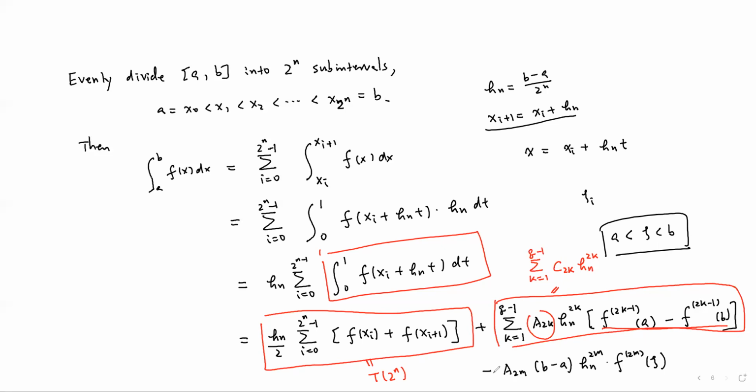How about this term? a is a constant, b minus a is a constant, so I can write it as a constant c_{2q} times h_n^{2q} times f^{(2q)}(psi).